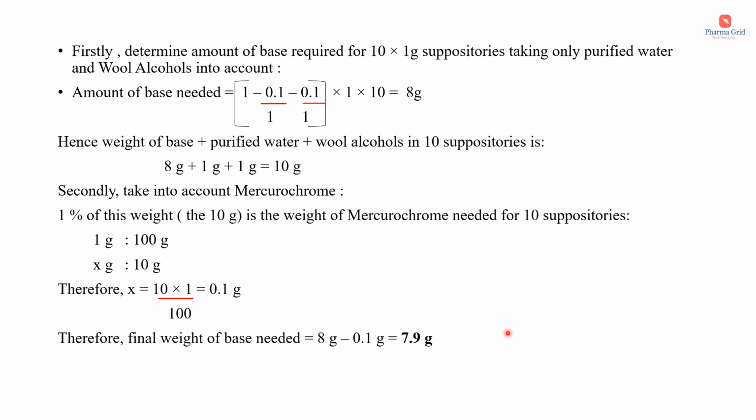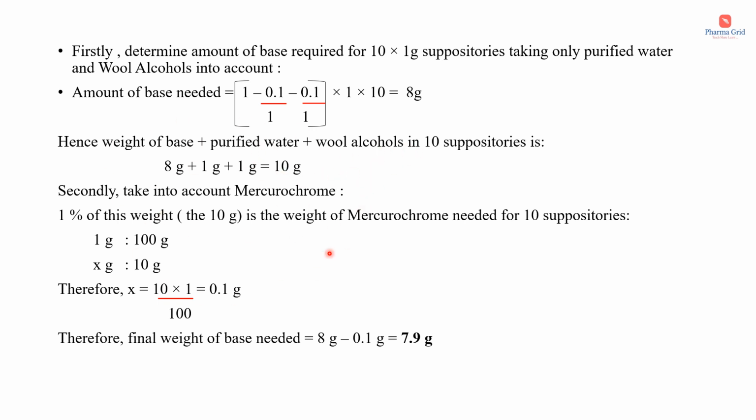So 7.9 gram is the weight of the base needed because altogether we need to prepare 10 gram. 7.9 plus 0.1 is 8 gram, plus 1 gram of purified water and plus 1 gram of wool alcohol, altogether we get 10 gram.